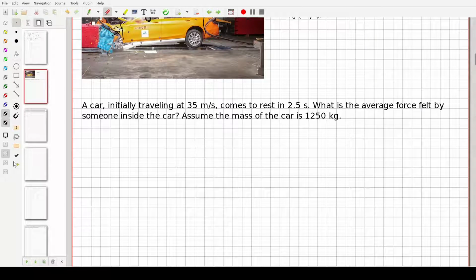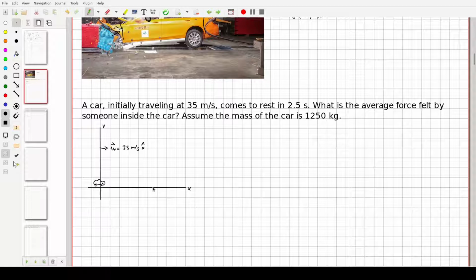Now, so that said, let's draw a picture. Here's your car. The initial velocity of your car here is to the right. It's 35 meters per second. Okay.